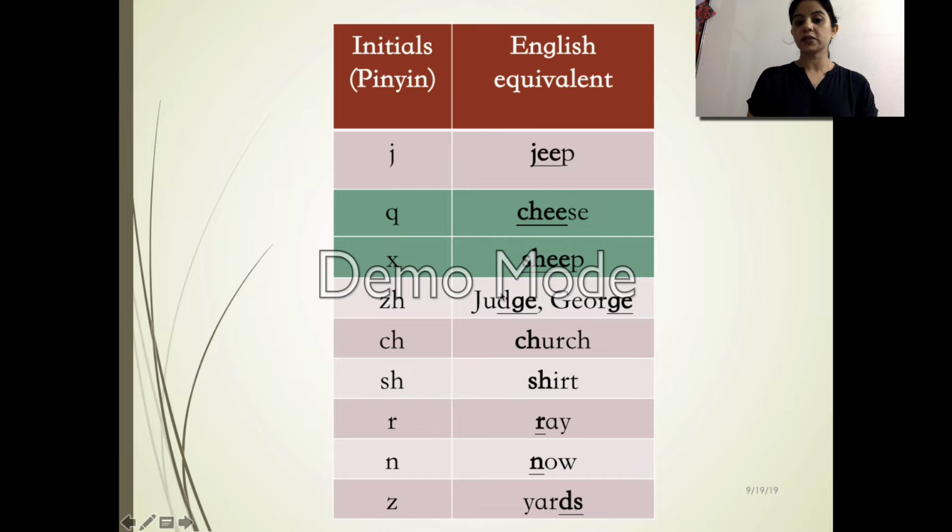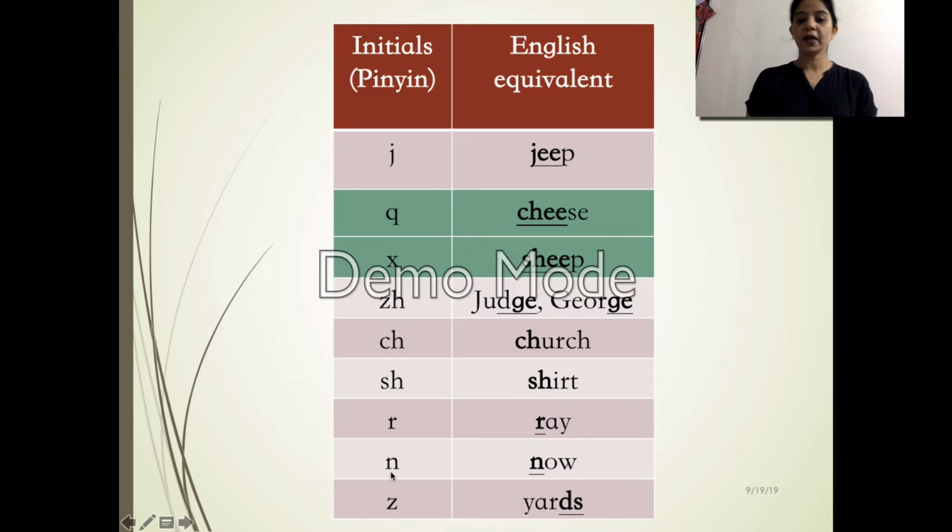Similarly, X is also she, here also sh, but when you roll the tongue, you can make out the differentiation. Okay, and this R has a very peculiar sound, which varies from region to region in China. Some of the people, when they say anything that starts with r, it sounds like y, and in some places it sounds like r.